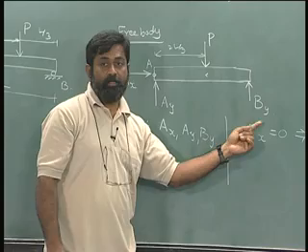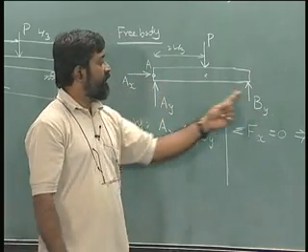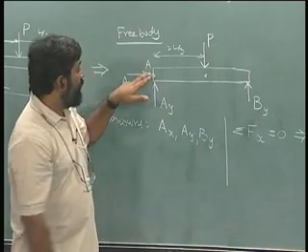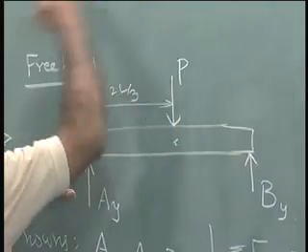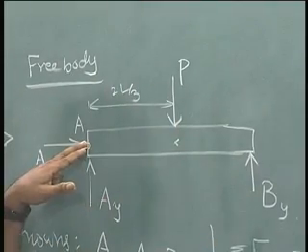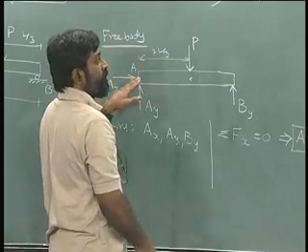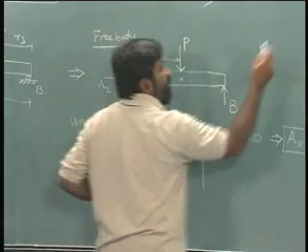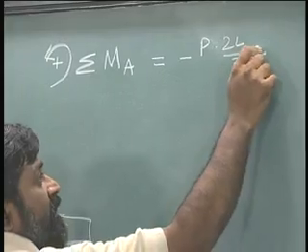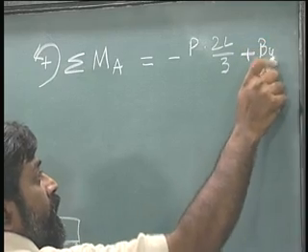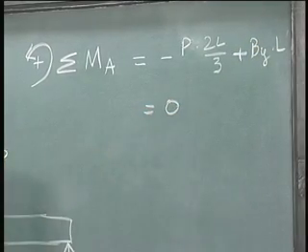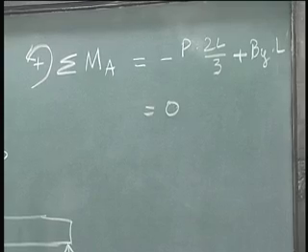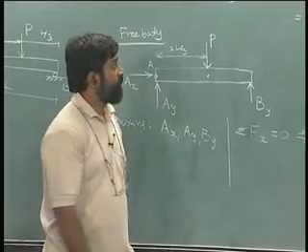The other one is to do with By, and that is at a distance L. I hold again the pivot at this particular point A and see the direction of the contribution of By. It is anti-clockwise like this, and therefore this is plus By times L, and that is equal to 0 because of the condition that the rigid body is stationary.